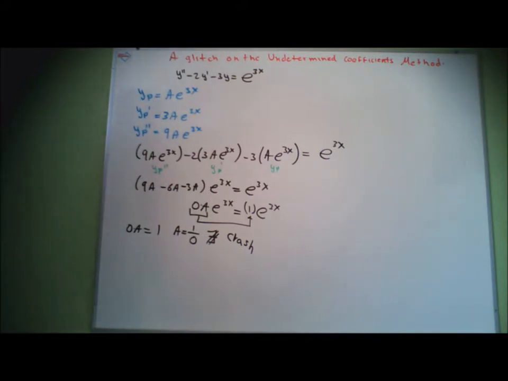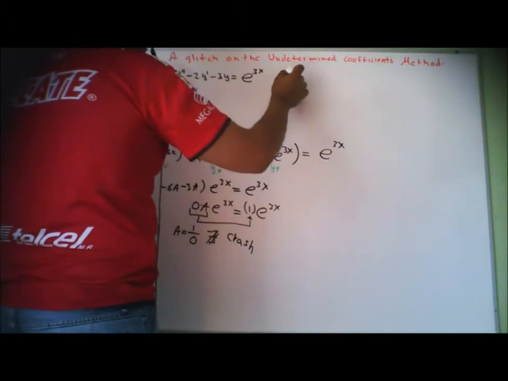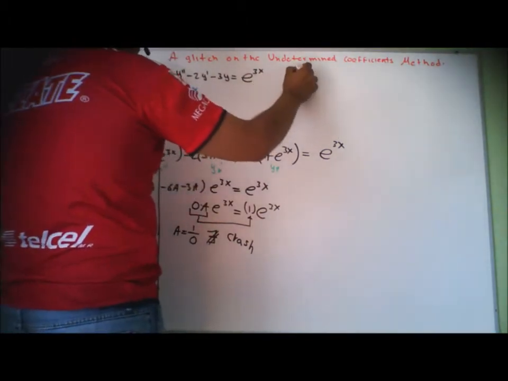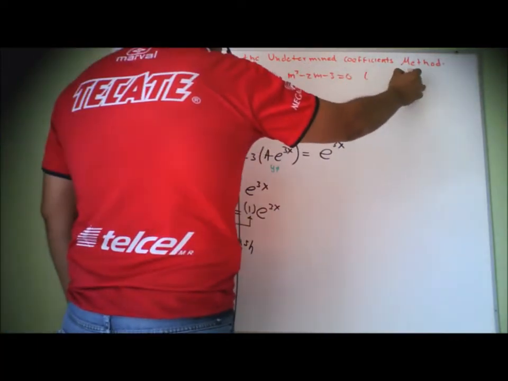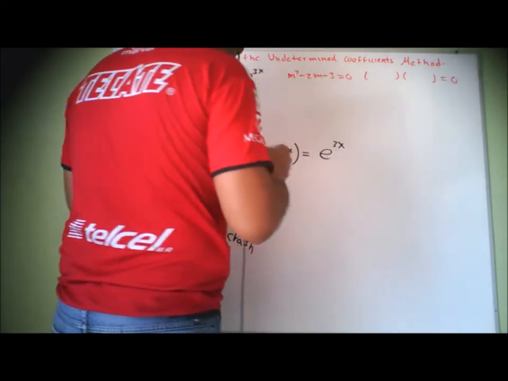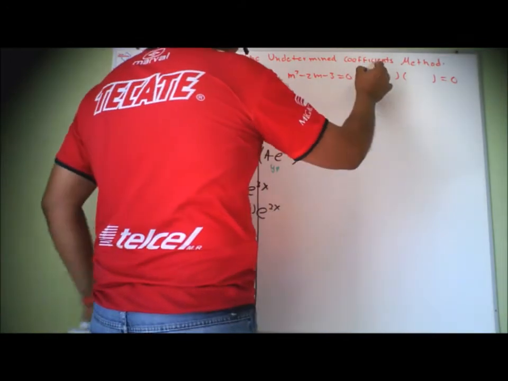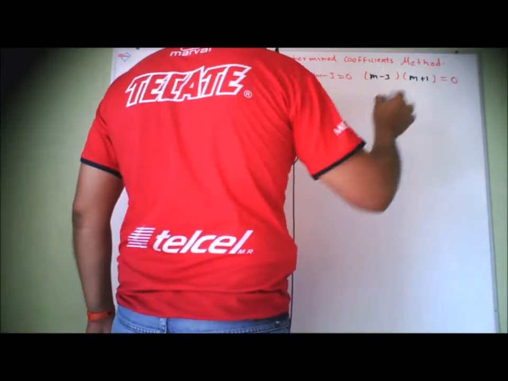The answer is because we forgot to calculate the homogeneous solution. The homogeneous solution is given by the characteristic equation: m squared minus 2m minus 3 equals 0. The roots are two numbers whose multiplication is minus 3 and whose addition is minus 2, which are minus 3 and plus 1.